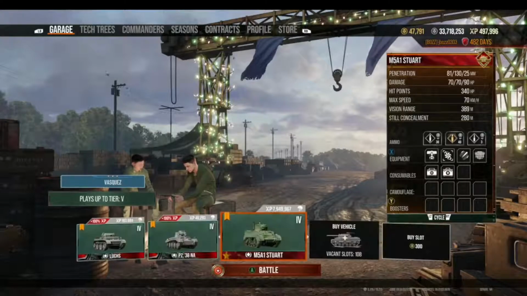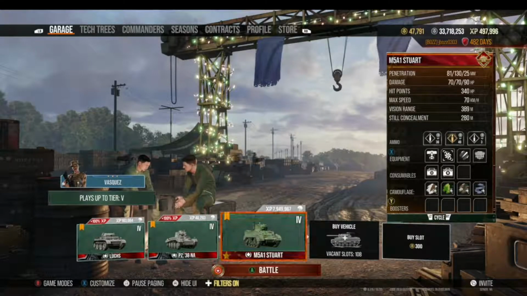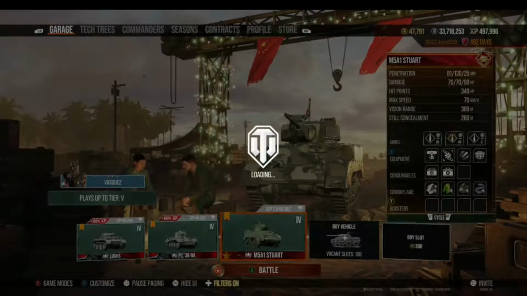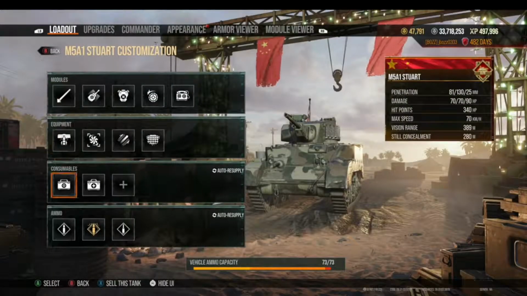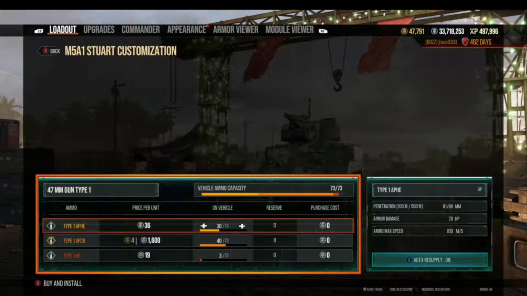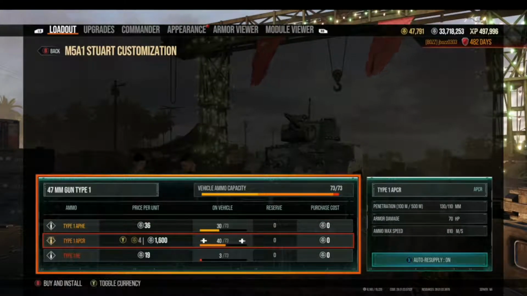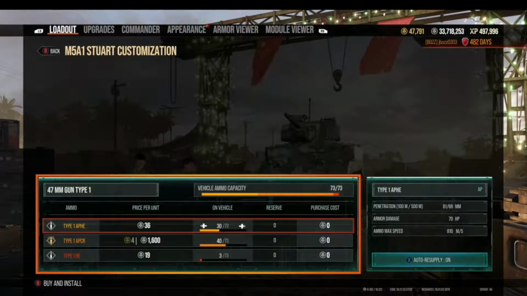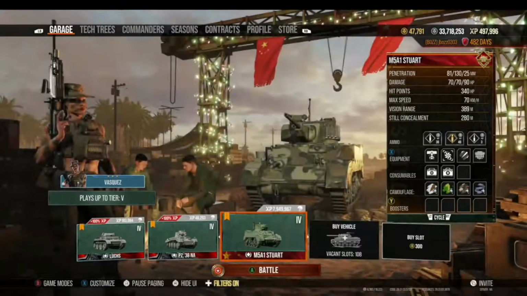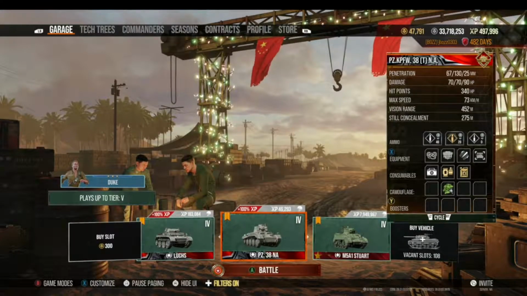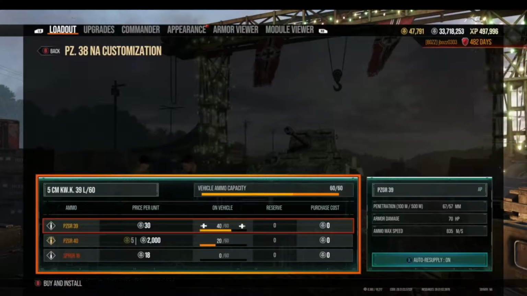And so, I'm going to jump into the game here real quick, jump into World War II mode. I'm just going to pull up a particular tank, so you can see as we talk about these different shell types. Like here, on this type 1, I have an APHE, and then I have an APCR and an HE on this particular tank.